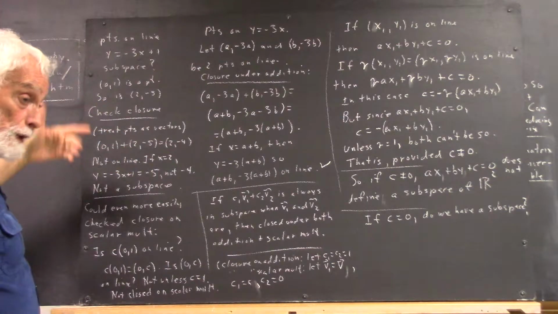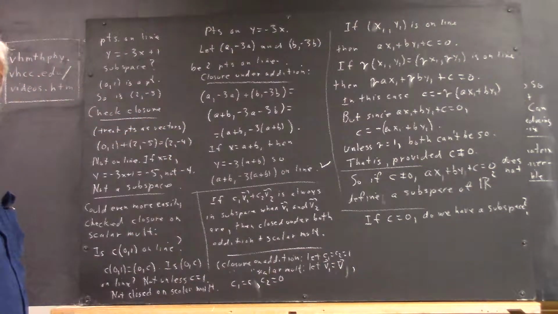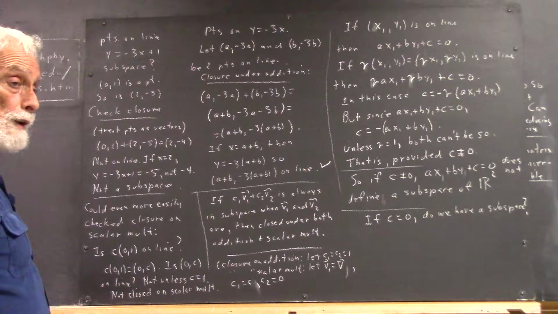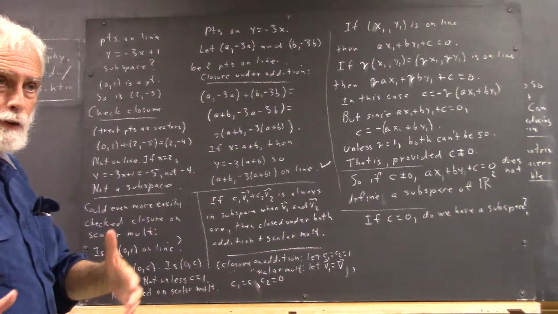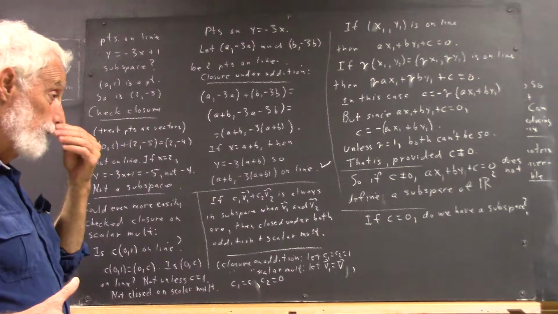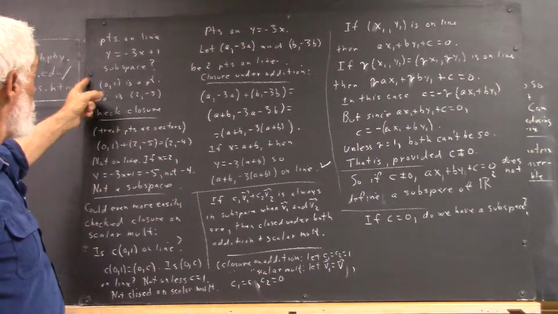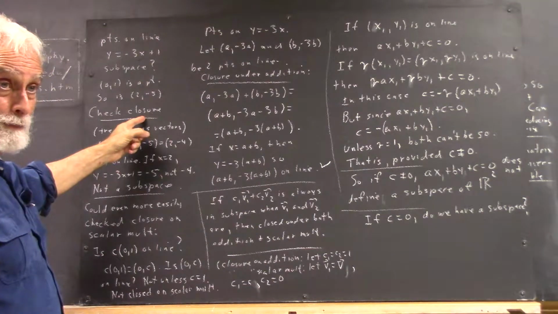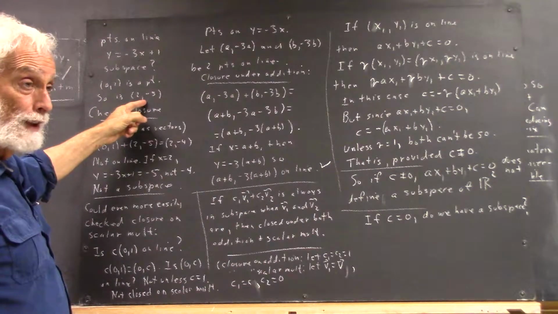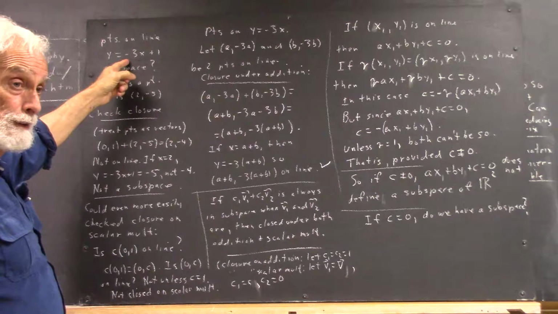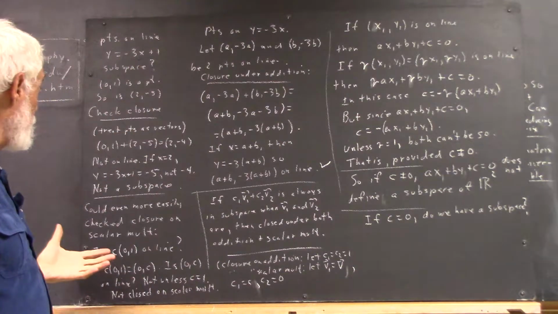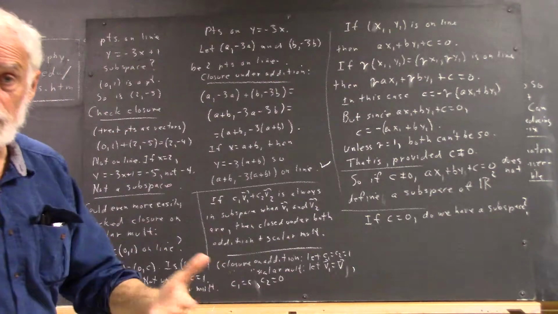Now, what we want to do is check closure. Okay? So we're checking closure just based on 2 points. Now, if we find that these 2 points contradict closure, that adding these 2 points doesn't give us a point on the line, then we've proven that it's not closed.